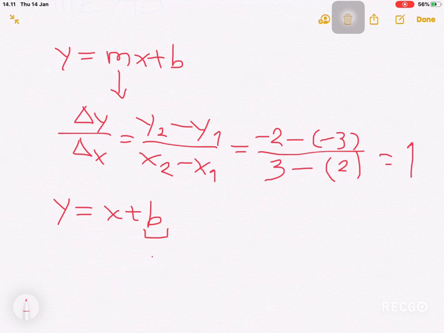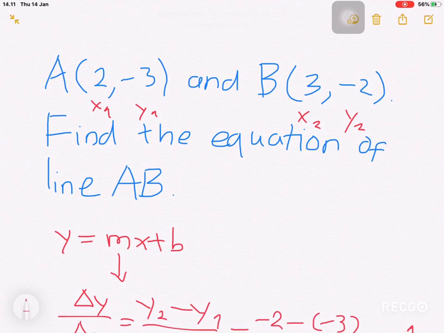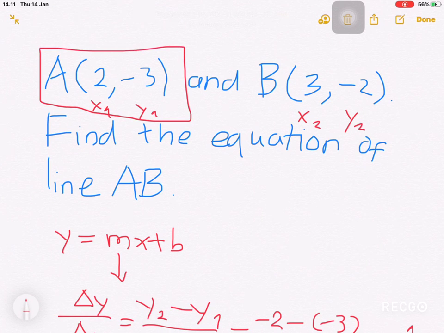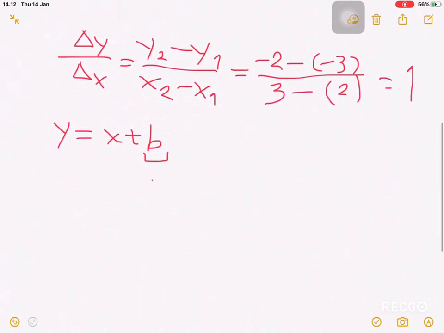So what we can do is we'll just substitute a pair of the coordinates. So let's just try to substitute our a with our coordinates right there, and this is because this point is on the line AB, so we don't really have any problems with that.